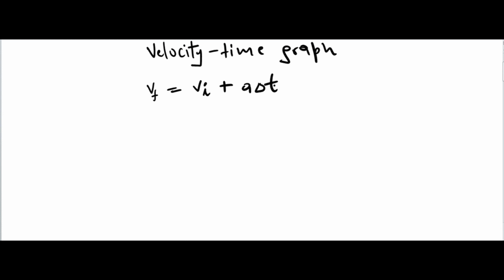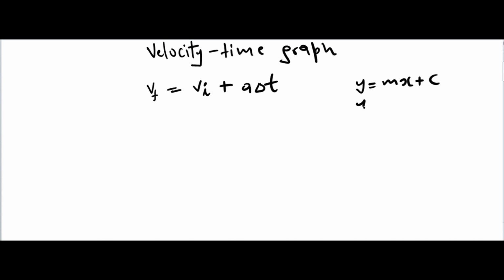Then you must know that the time is always on the x-axis, right? And if you can look here, we have the functions, that is y is equal to mx plus c.